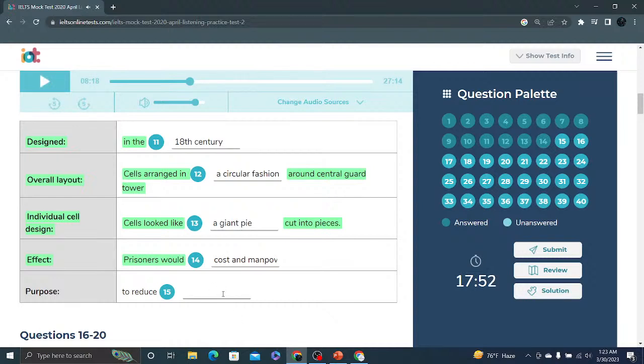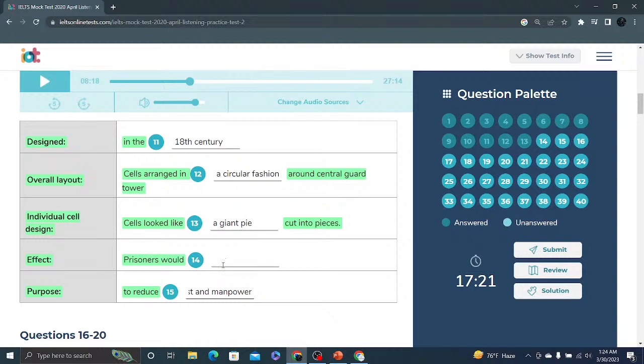Okay, have you got it? Now let's listen for question number 15. Purpose, to reduce blah blah. Okay. Oops, sorry, it should be the answer to question number 15.